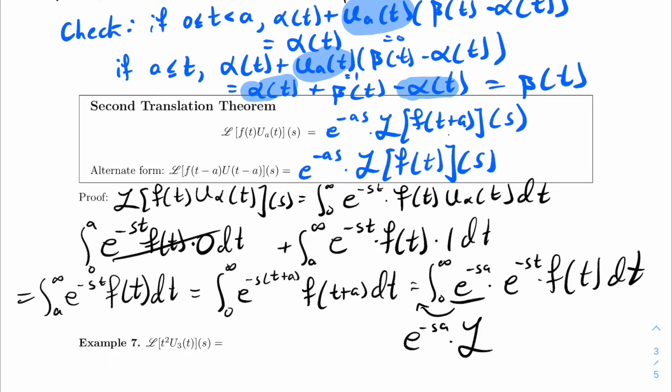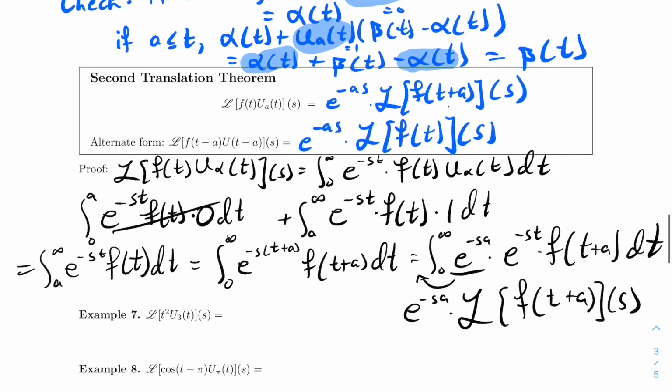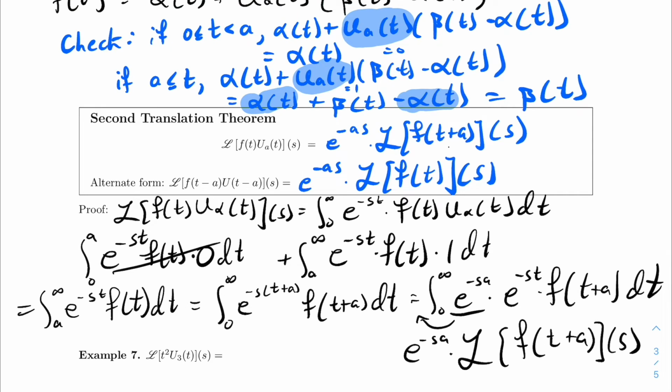But what is that whole integral equal to? It's just the Laplace transform of f of t plus a, oh, I forgot to write t plus a. This is just the Laplace transform of f of t plus a, of s, whatever.